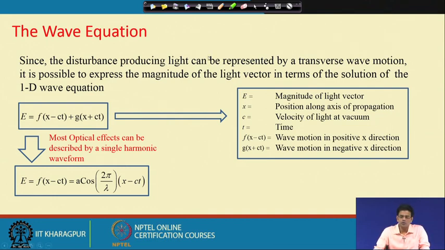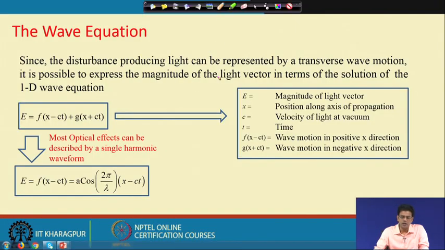Light is a wave, so it can propagate in one, two or three directions. To start with, for propagation in one direction, it is a wave equation that one needs to solve.